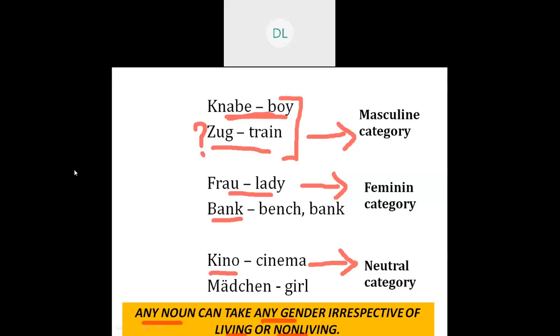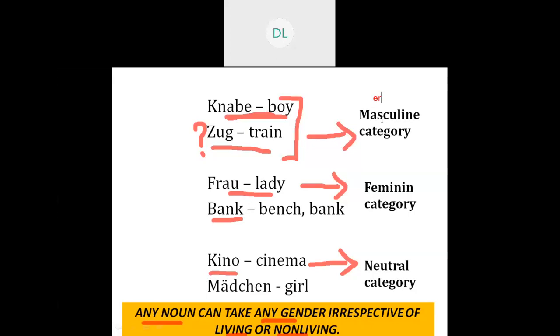I repeat, if I want to substitute these two masculine nouns, with what will I substitute? With er. Are you getting me? Why that er? Because they both are masculine.